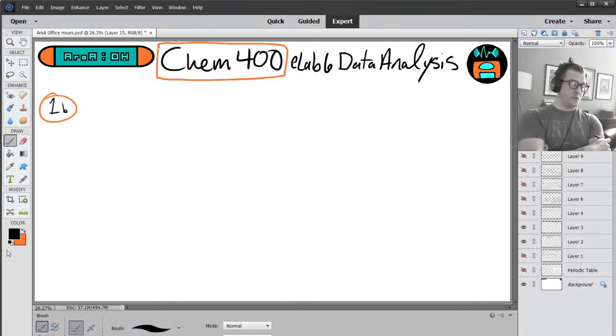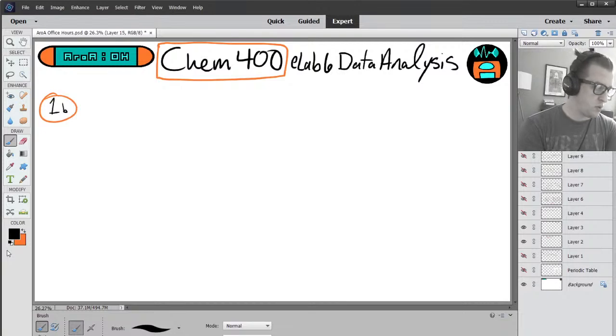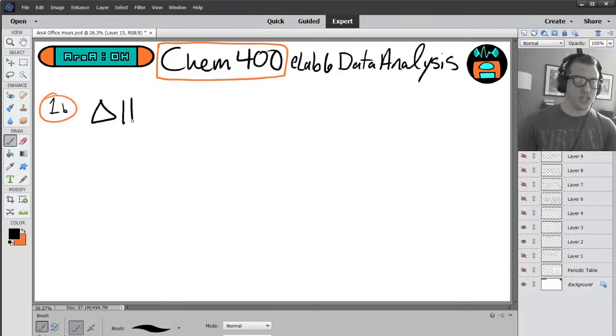Calculate the value of the enthalpy change in terms of kilojoules per mole. Okay, so they want us to calculate the change in enthalpy for the reaction.